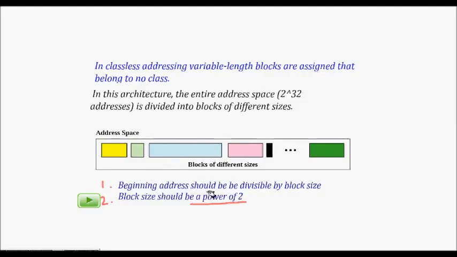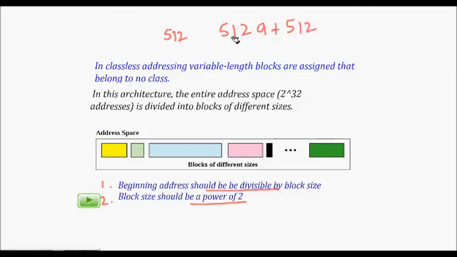The first one is important because, let's say our network size is 512, which is a power of 2, so this is fine. Why should the starting address be divisible by the block size? It means the starting address should be a multiple of 512. Then my end address will be obtained by adding 512 to it.